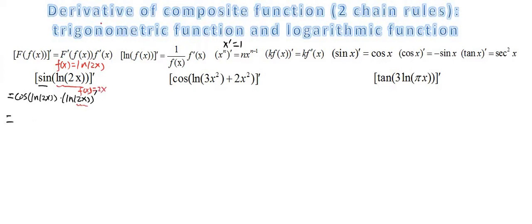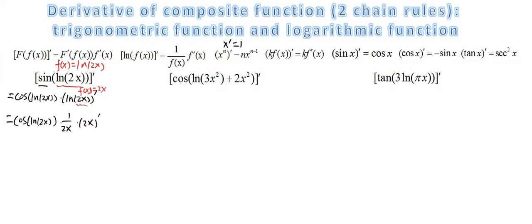Now we can apply formula 2 for this derivative. We have cosine ln 2x times 1 over f(x), which is 1 over 2x, times the derivative of f(x).